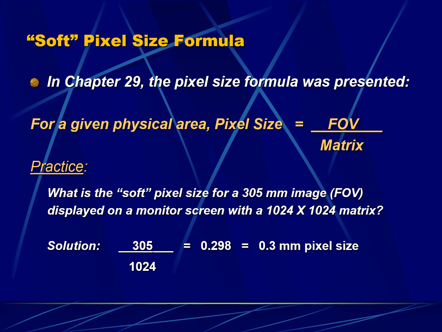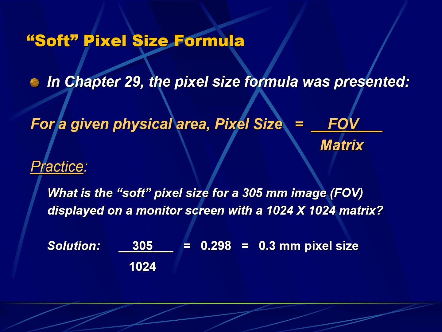You've got a matrix size of 1024, but your field of view is 305 millimeters. That is the length of one side of the collimated field. Now, a better formula would be to use an area for field of view and an area for matrix, instead of just side length.